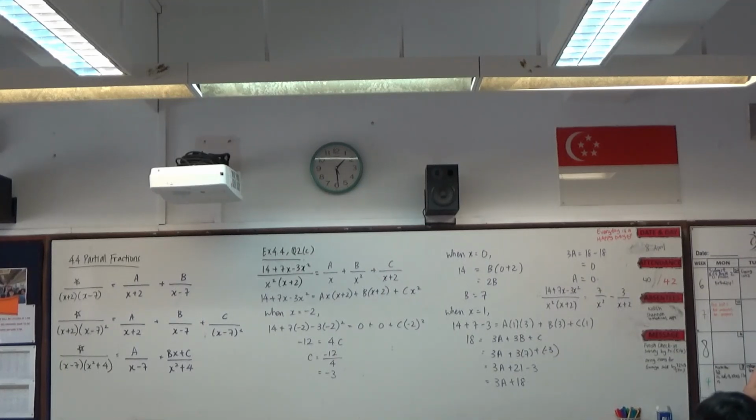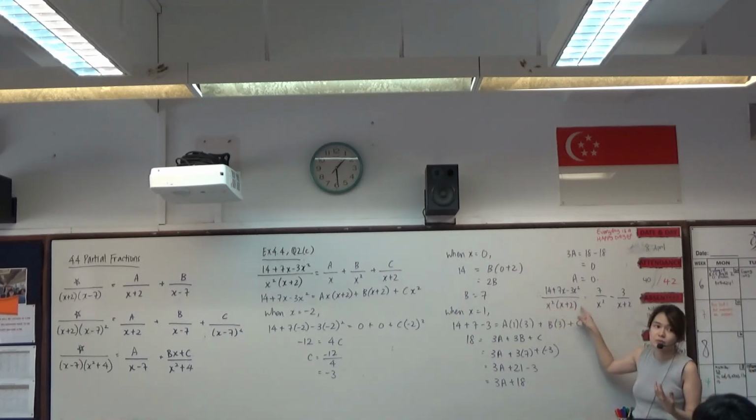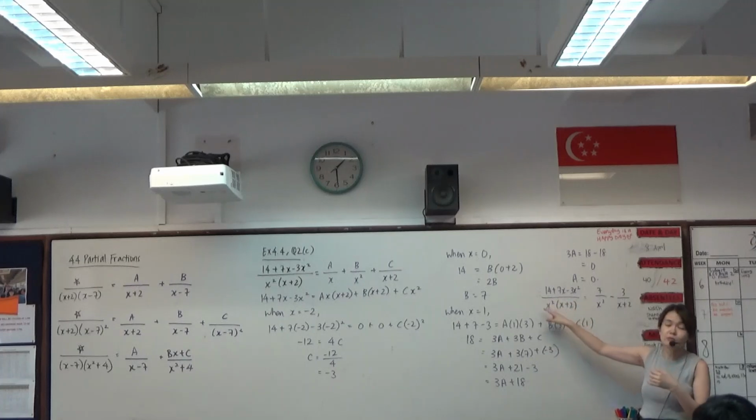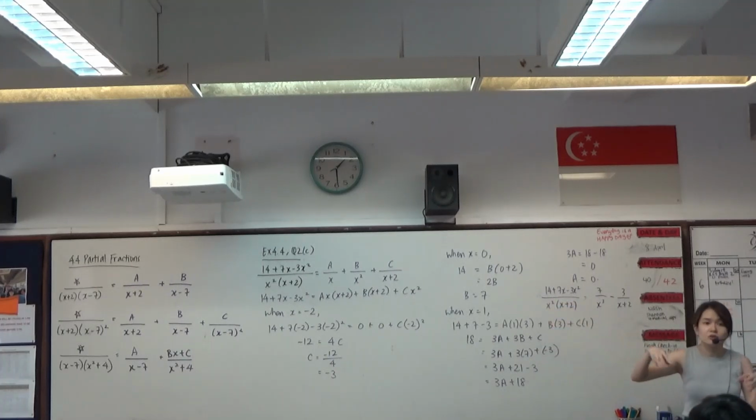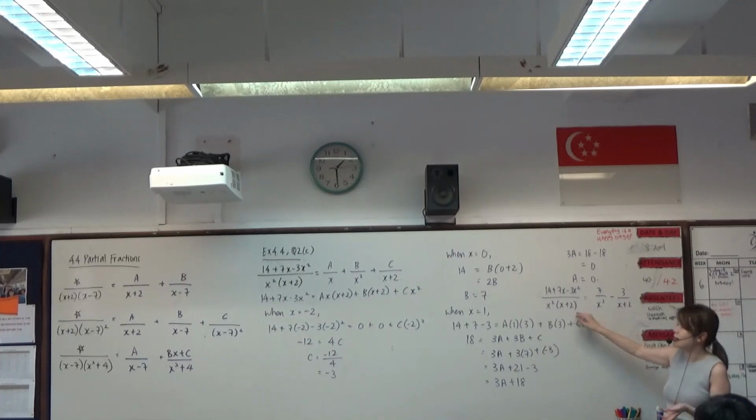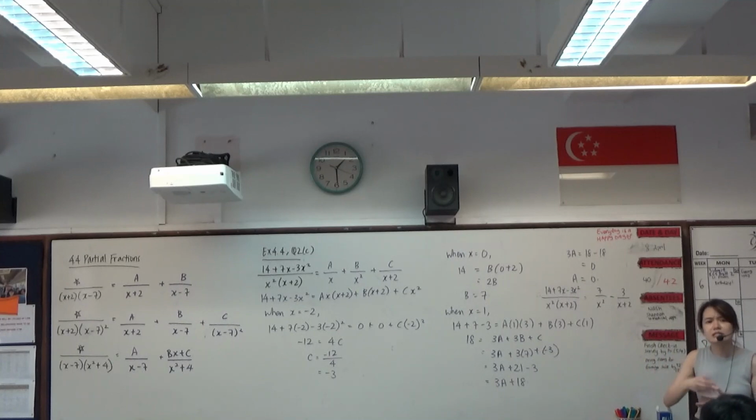Sub in an x value. So what x value are you going to choose? 1. Okay, you can choose 1, so long as it's not a value of x that will cause the denominator to become 0. Because once the denominator becomes 0, your calculator will not be able to calculate for you, because you cannot divide by 0. So that's one way.